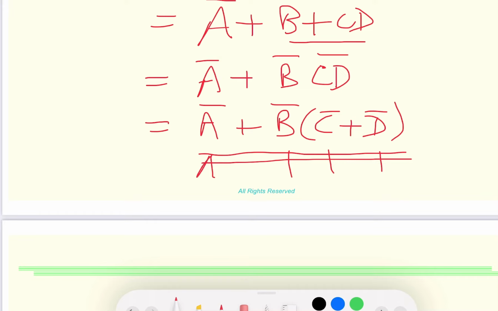Now, in this case, we can see that to get Y as high, we need to have A complement, or this part, to be high.